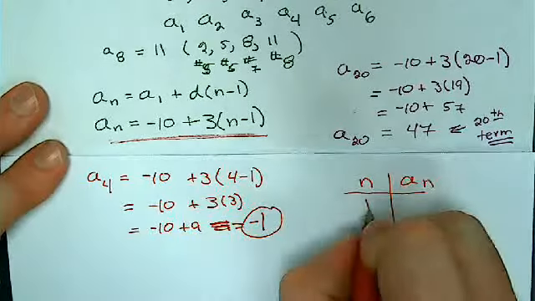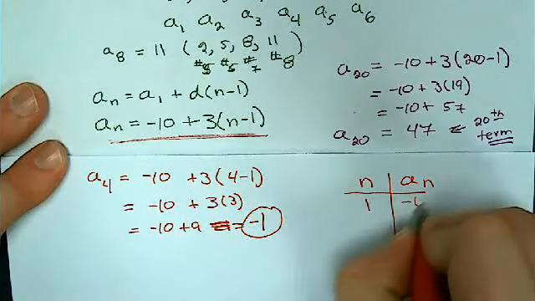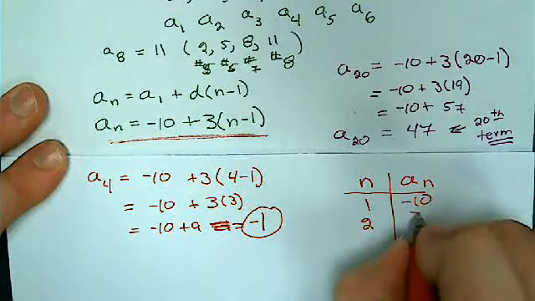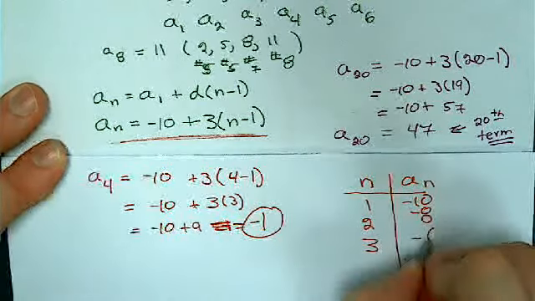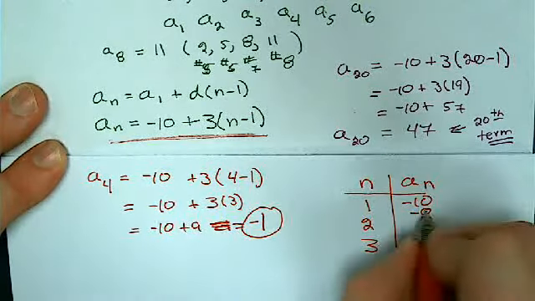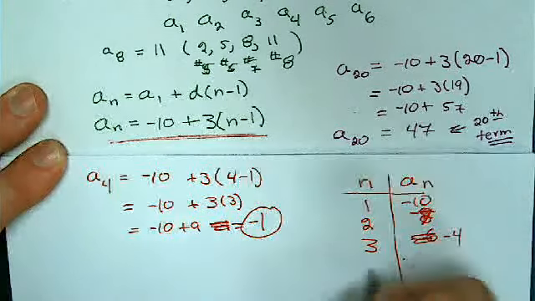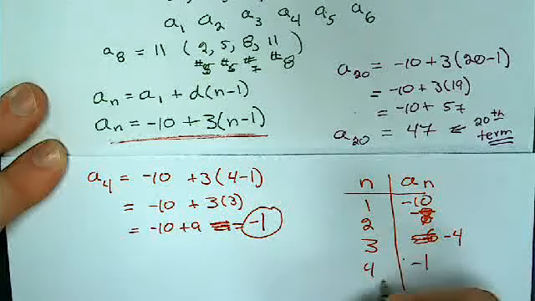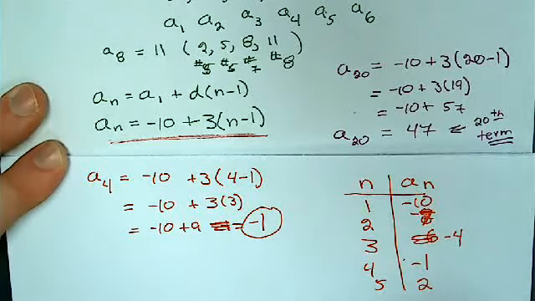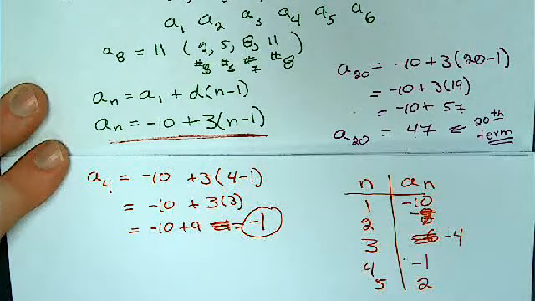So the first term was -10. Second term, -7. Third term, -4. Fourth is -1. Fifth is 2. And I can just keep going. And so what this is doing is it's letting me continue that chart without having to actually make that chart.